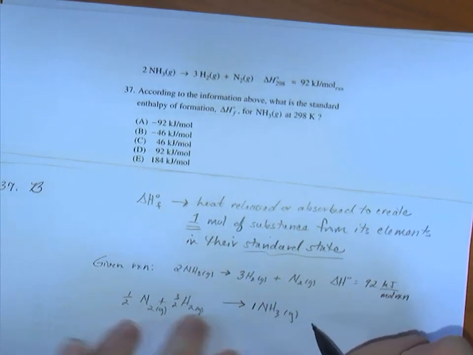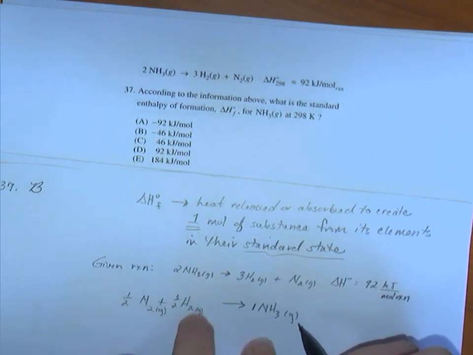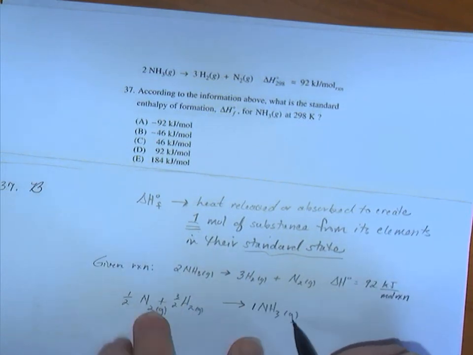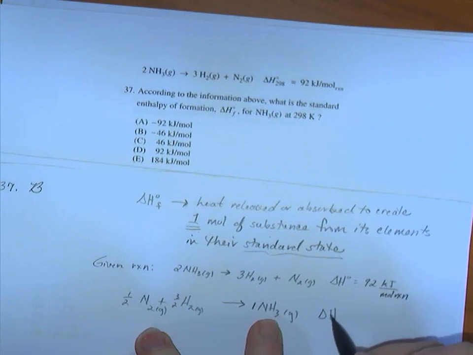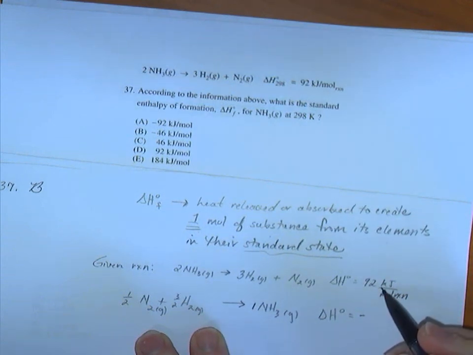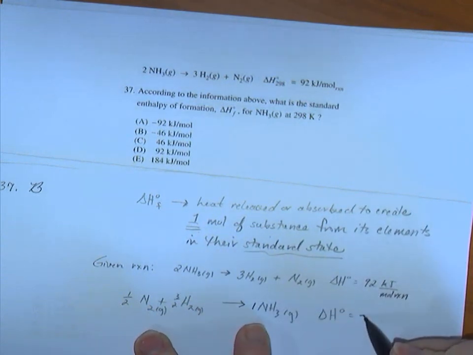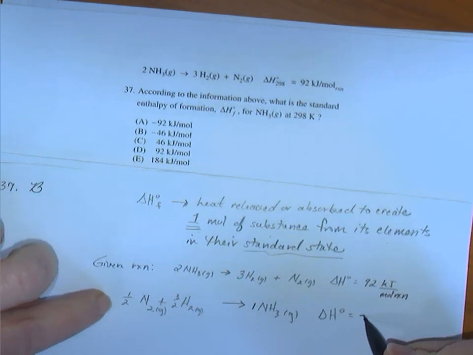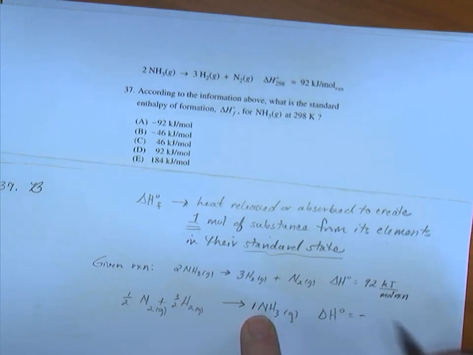All right, so what we've done is we've flipped this reaction to get this. So then we know the enthalpy of this reaction will have the opposite sign, where in this direction it is endothermic, in this direction it will be exothermic. But what we've also done is halved. We've multiplied the coefficients by 1/2 or divided them by 2.